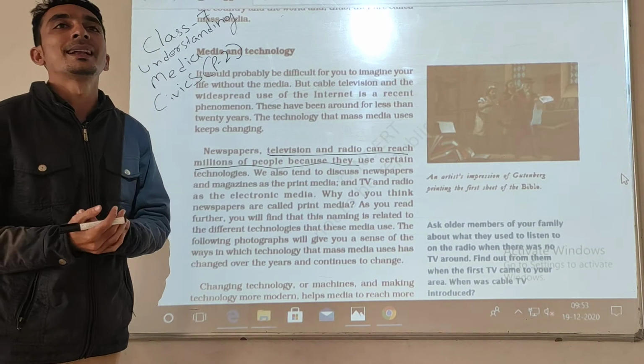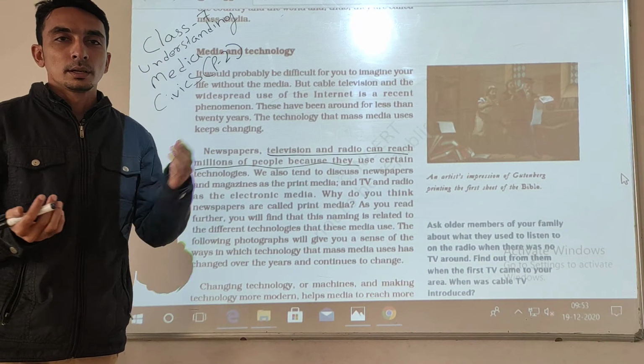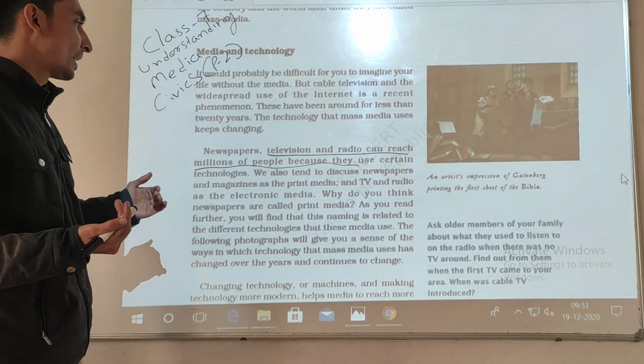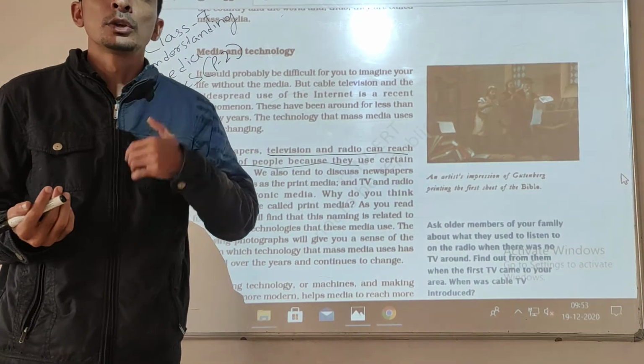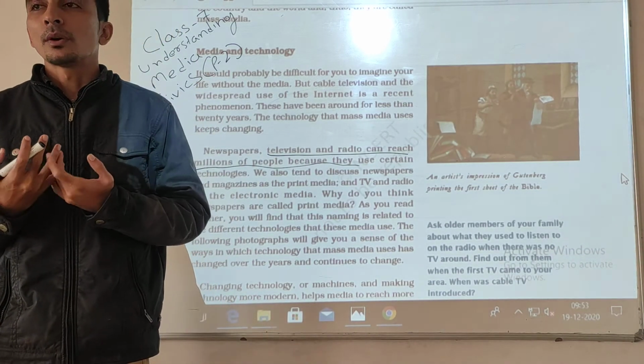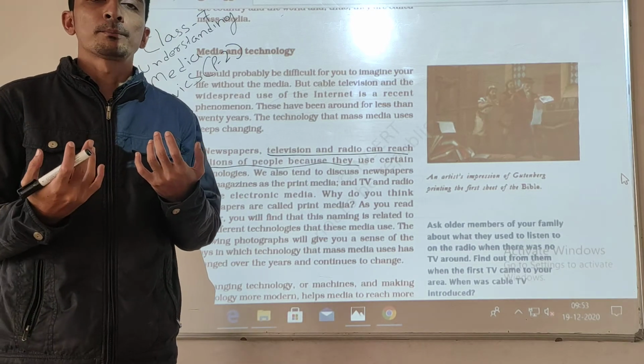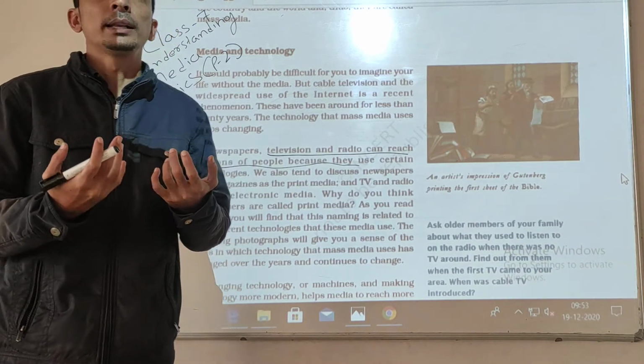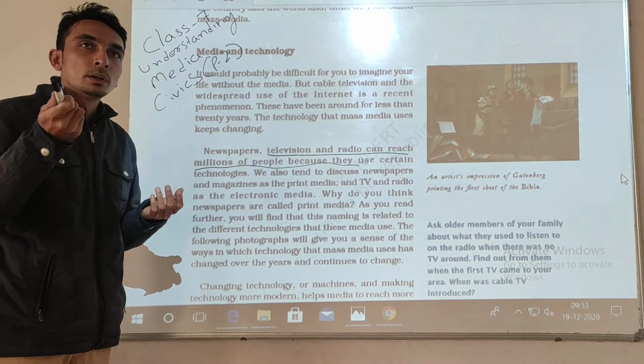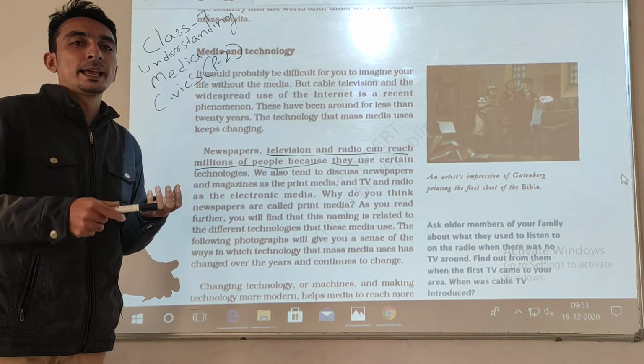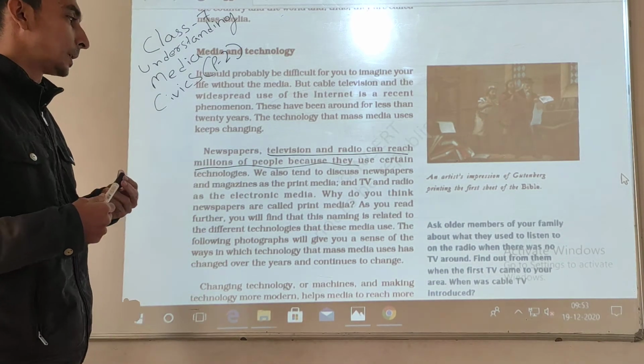Television and radio use satellite, towers, electronic waves. So that is the reason they can reach millions of people.